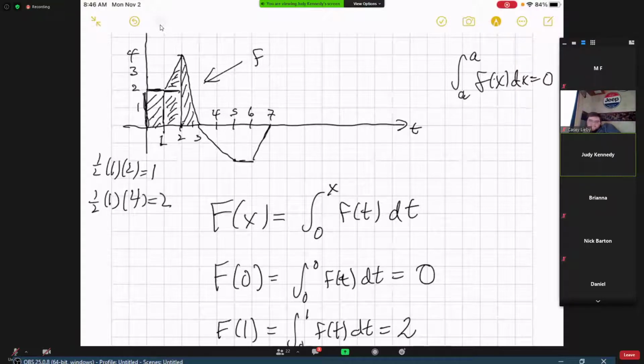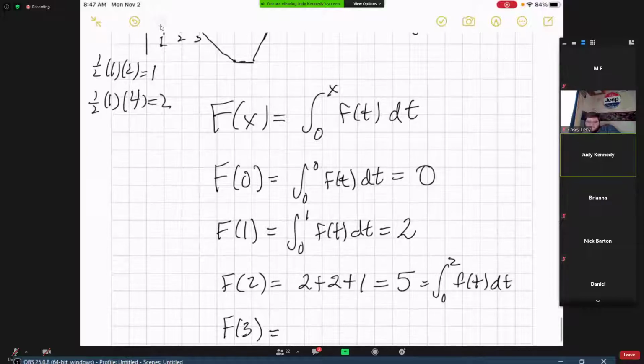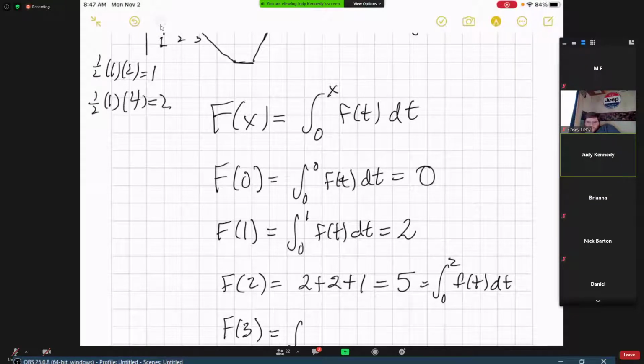So that's 2. So the integral from 1 to 3 would be the sum of those areas. So it's 2 plus 2 plus 1 plus 2, which is 7.